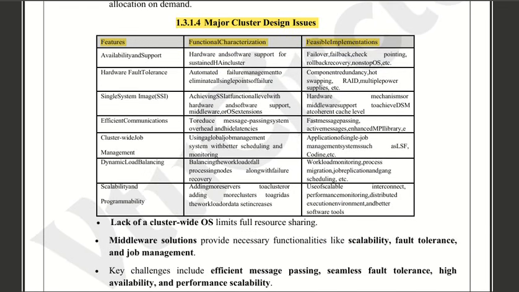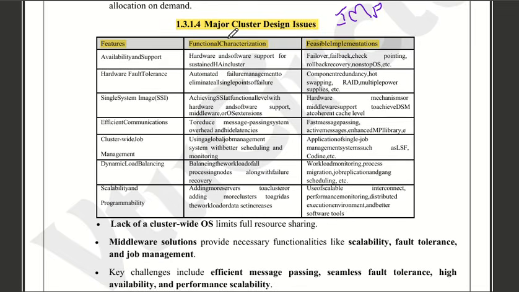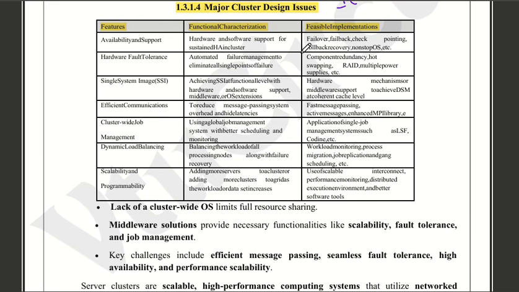Next comes another important topic, major cluster design issues. It is also very, very important, guys, because this question was asked in the previous question paper. Major cluster design issues are classified into two types: functional characterization and feasible implementation. As per these features you need to explain.